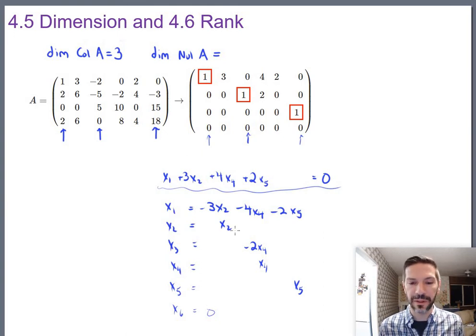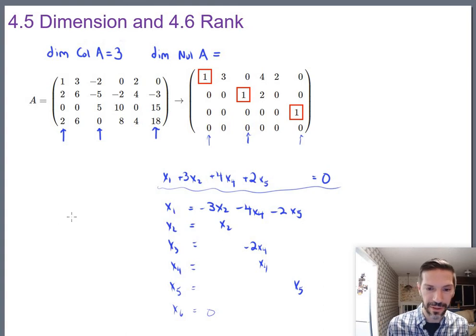But really the basis for the null space is made up of 3 vectors. Some multiple of x2, some multiple of x4, some multiple of x5. If I wanted to write it out a little bit, I'm going to move over here so I don't write on top of my face.